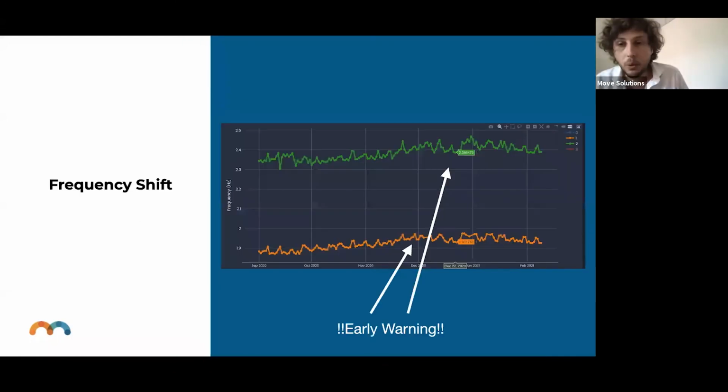So one of the main things that they did with our tool is the frequency shift. They were able to see that over months, due to temperature, environmental parameters, and the traffic, which was changing in a certain way, masses were increasing. There were kind of problems there, okay? But there was a problem, and we were able to understand that there was a problem before it actually happened.